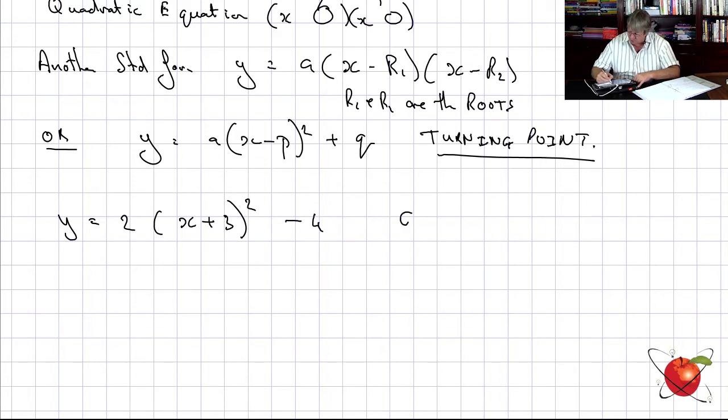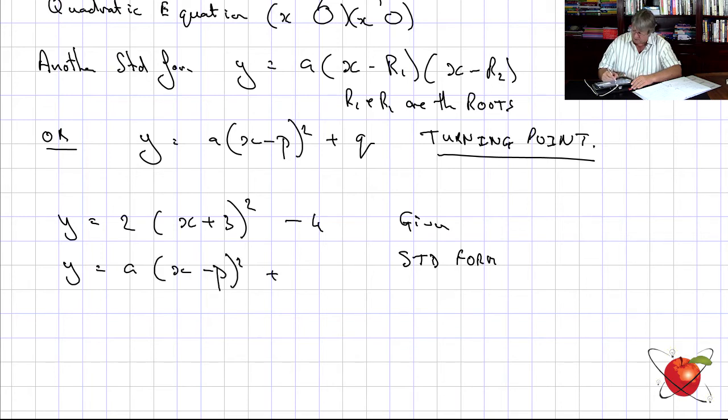Let's say this is what we are given, and for argument's sake, they want us to sketch graphs. Please look, the standard form is this: a x minus p all squared plus q.